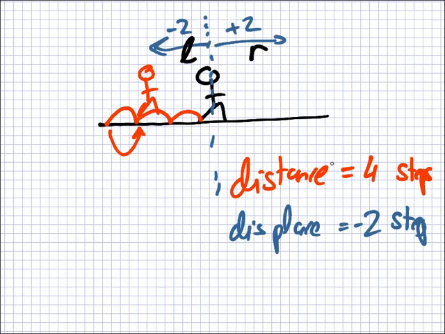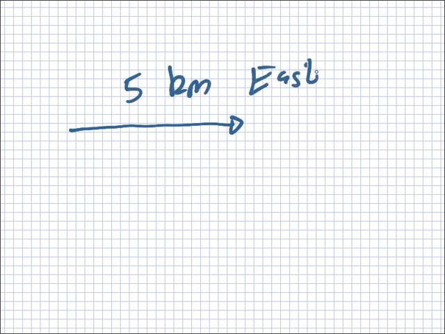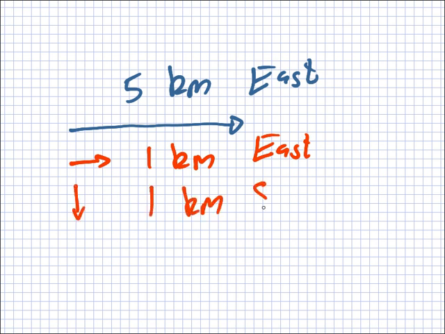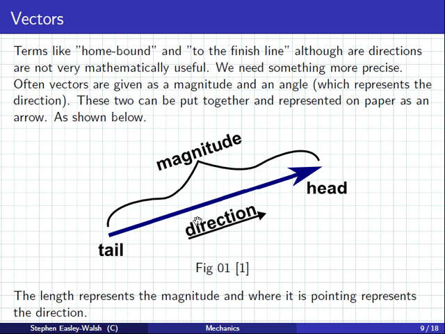So for example, if this is 5 kilometers east, then this one here would be 1 kilometer east, because it's shorter. And this one here would be what? 1 kilometer south. Okay, could you draw this picture in your notebook of a vector?